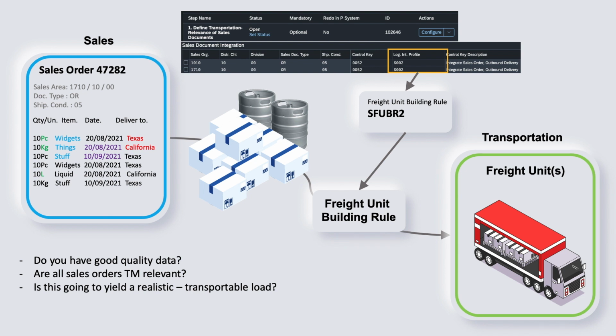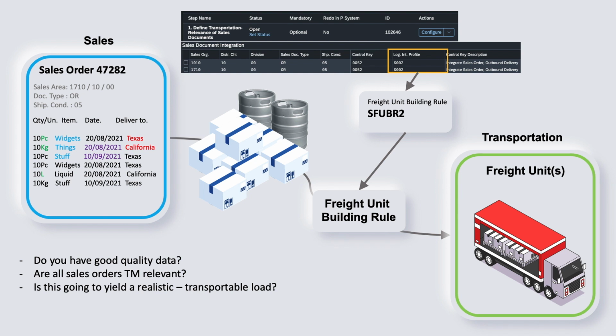However, even in those cases where I am going to consolidate freight together that makes sense, it is possible that it's going to yield a freight unit, a transportable load that just doesn't make sense, because let's say I produce a freight unit that is an aggregate weight of 500 tons. There is no transportation resource such as a truck out there that can carry a load of 500 tons.